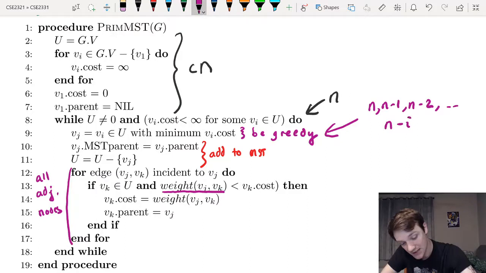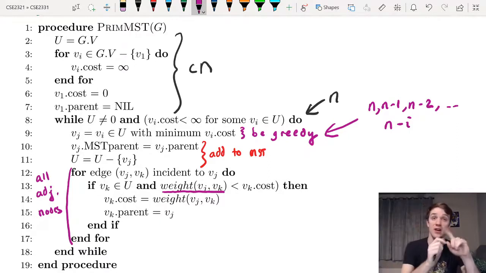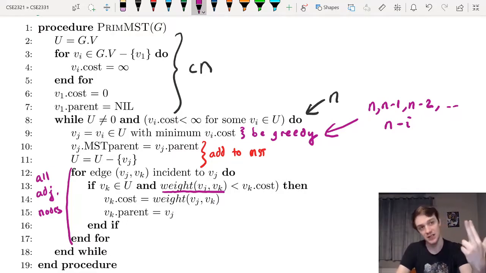This would be n minus i after we've added i vertices. So it's going to check over every single vertex in U, which, if we're imagining the graph is connected, is going to be all of the vertices that haven't been added. So it's going to be n at the start, because we haven't added any vertices, then n minus 1, because we've added 1, then added 2, then added 3, and so on. So that part's not too bad, hopefully.